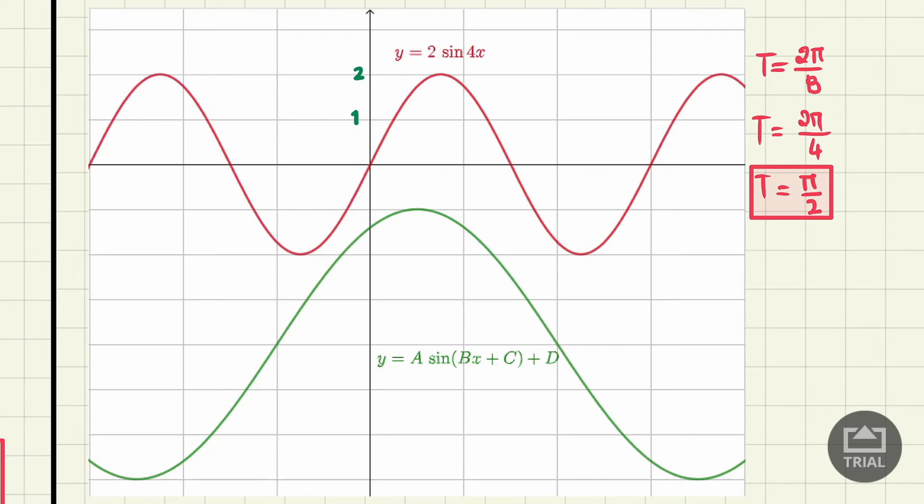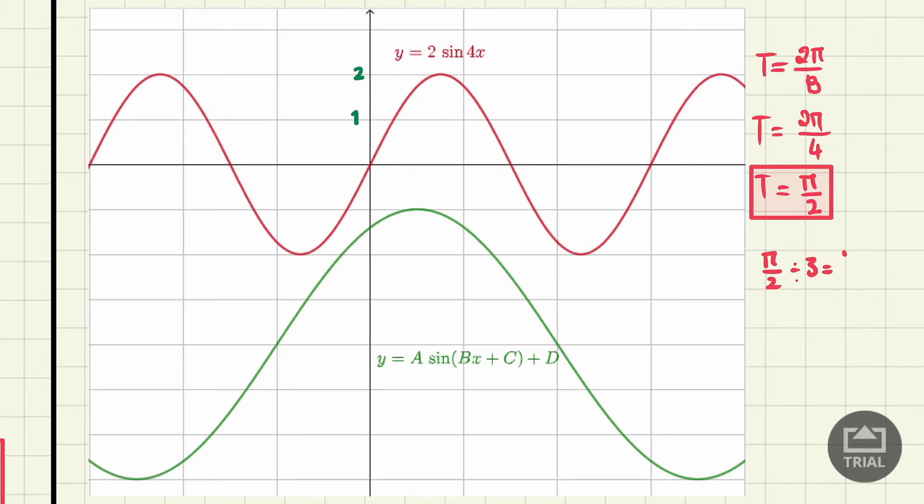But you just told me that the period contains 3 grids. Yes? So what is the length of one grid? I have to divide pi over 2, which is the full period, by 3. So I divide pi over 2 by 3.